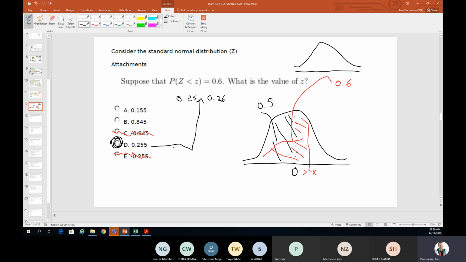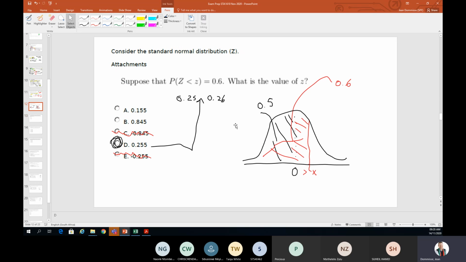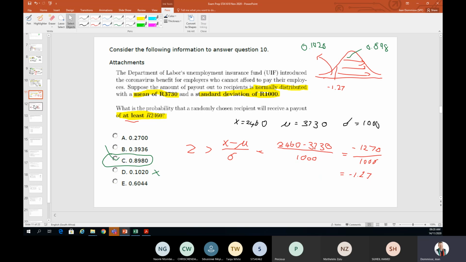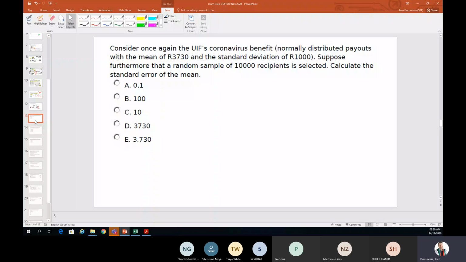So I've shown a few times now how to use the table, so hopefully that will assist in how you need to calculate it in the exam. So basically, up until now, study Unit 6. Let's see if we now go into study Unit 7.